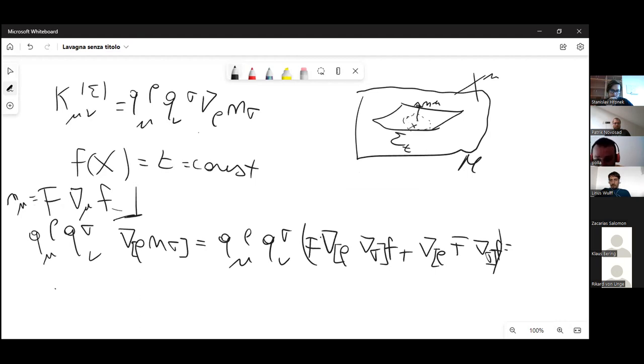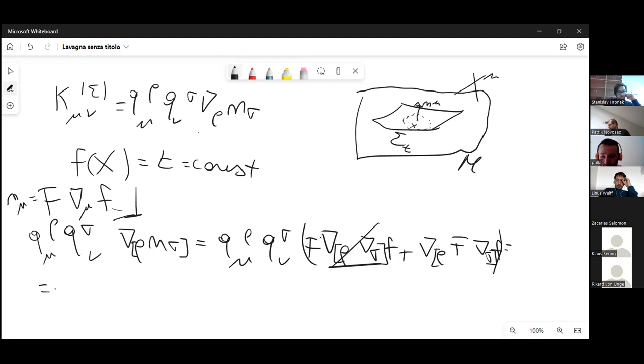Now from this term here, we know that this is vanishing because nabla is torsion free. So when applied to some function f, this term here is 0, and we have only this term here. This other term, we can write by multiplying and dividing by capital F. Now this is important because we want to write again this n mu.